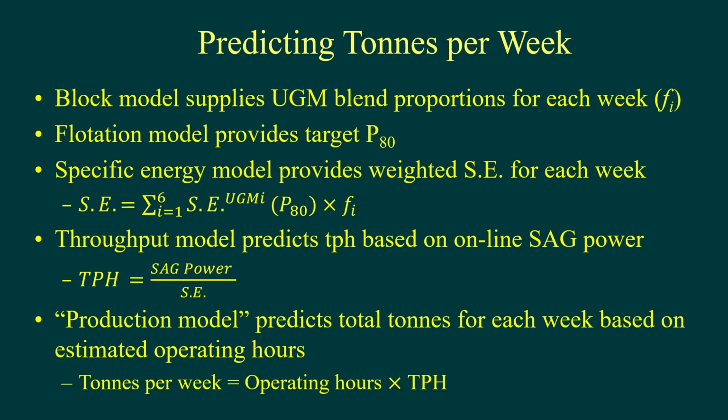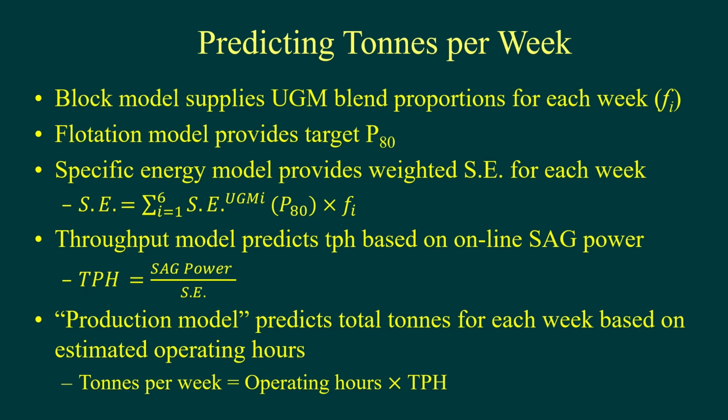They did further modifications to this model, and they called it the production model. It was really quite sophisticated in that they also incorporated all sorts of production issues. Planned maintenance is a good example of one.